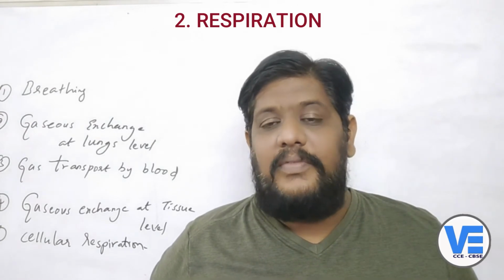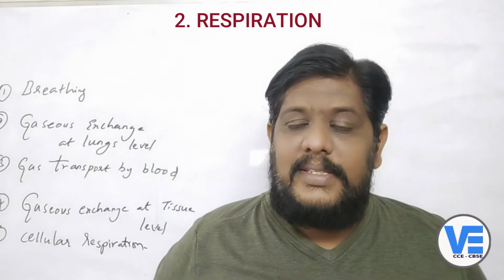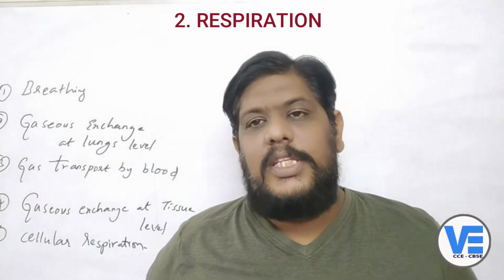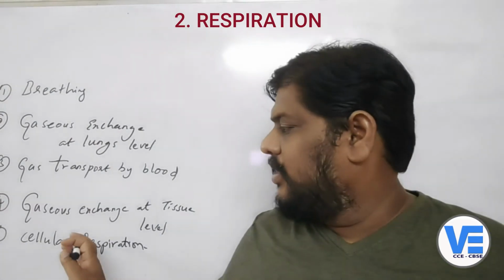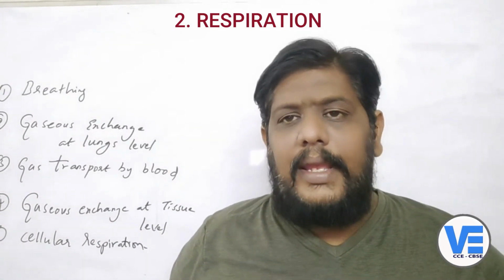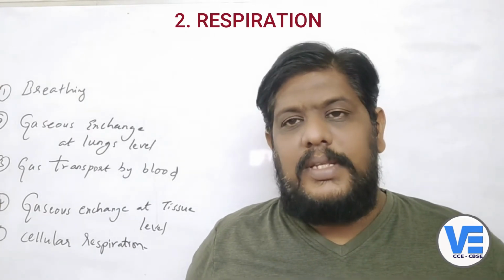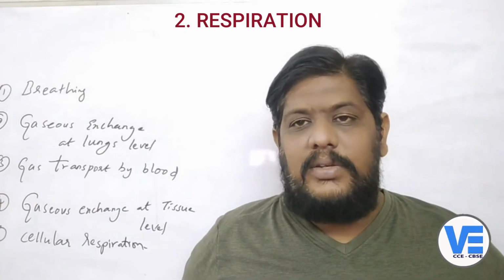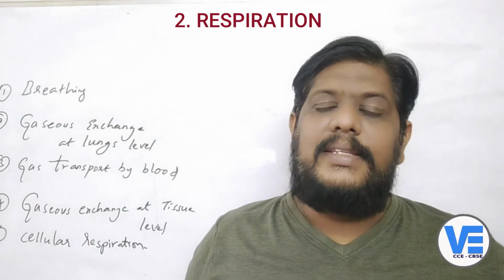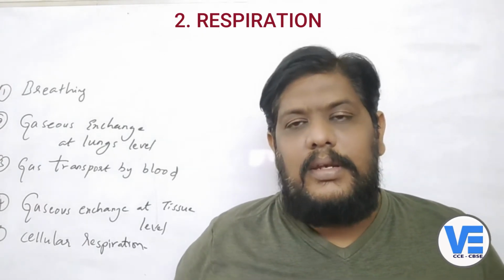A lot of heat is released, and carbon dioxide is also released. So cellular respiration is where oxygen goes into the cell and is converted into carbon dioxide, releasing a lot of energy along with heat.